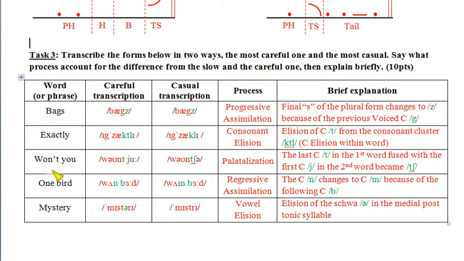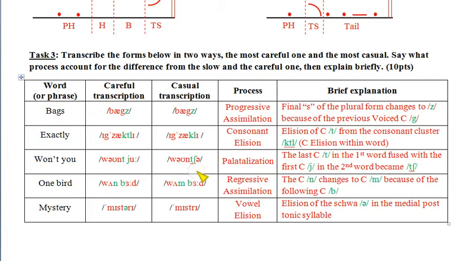The next phrase is won't you. This is the careful transcription, whereas the casual transcription is won't you. We notice that the consonant T plus U are fused together and they give us the sound ch.